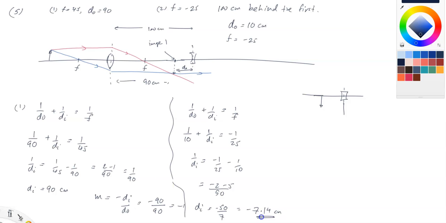That means it is going to make a small image in front of it like this. The image is going to be 7.14 centimeters in front of this second lens. So this is 10 centimeters, and this is 7.14 centimeters. How do we draw the ray diagram for this second part?